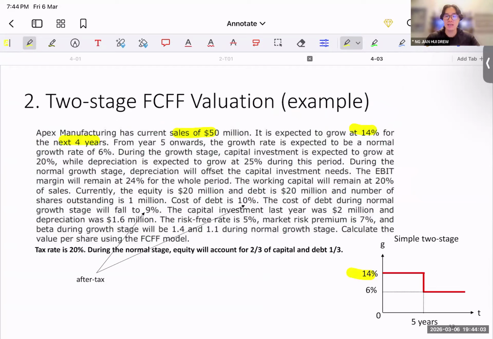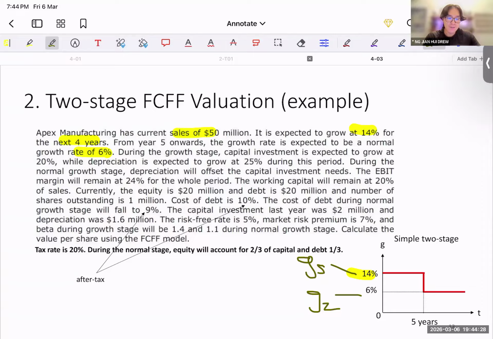So 14% is going to be the supernormal growth, which is the GS. From year 5 onwards, the growth rate is expected to be at a normal growth of 6%. So this is our GL. It's going to drop to a GL of 6%.